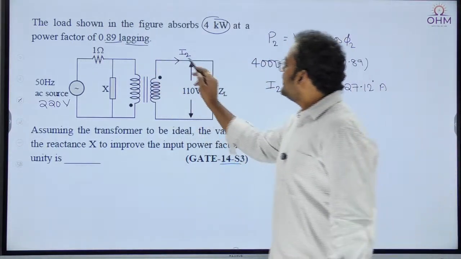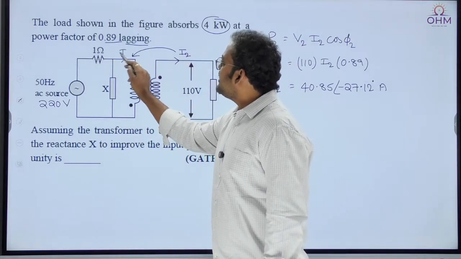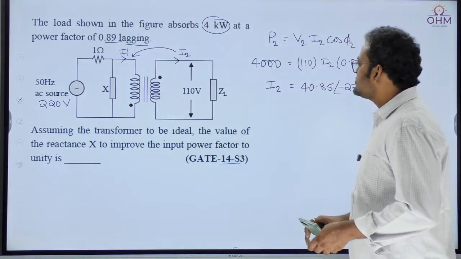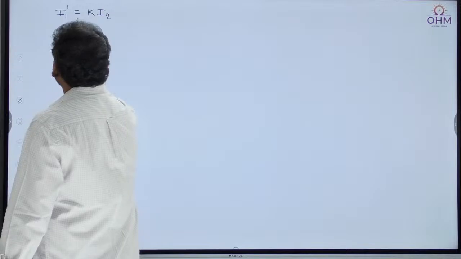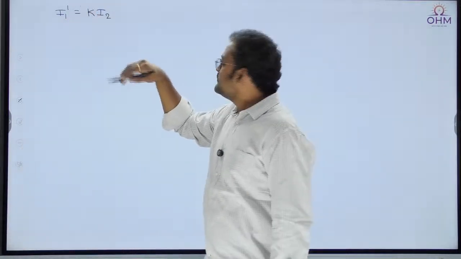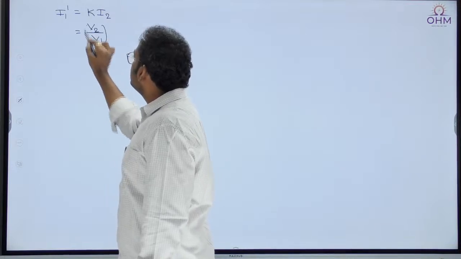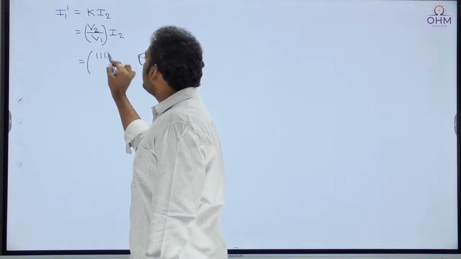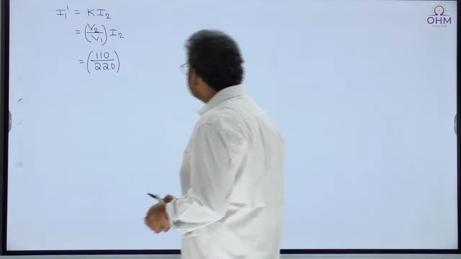Now what you do is transfer this secondary current I2 to the primary side, and we will get I1 dash. What is the magnitude of I1 dash? We know I1 dash is equal to K times I2, where K is N2 by N1. N2 by N1 means you can write V2 by V1 times I2. What is V2 by V1? That is 110 by 220 into I2. What is I2?